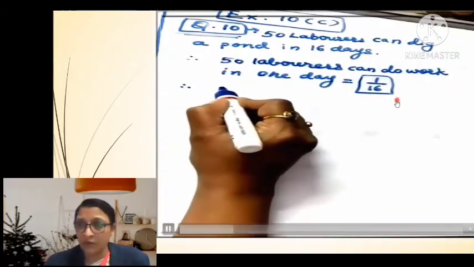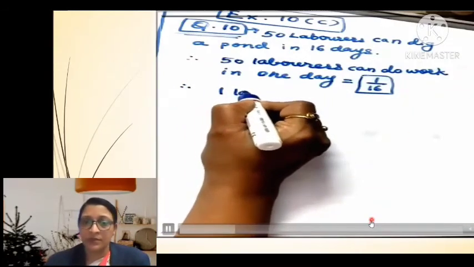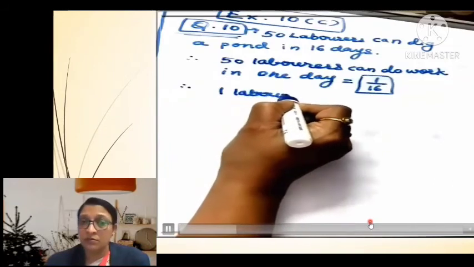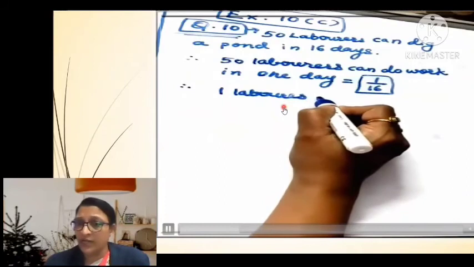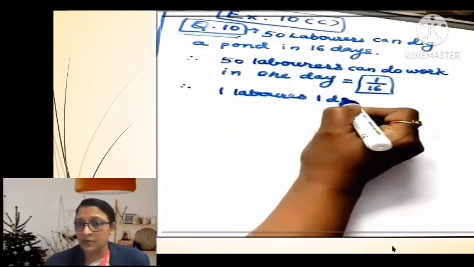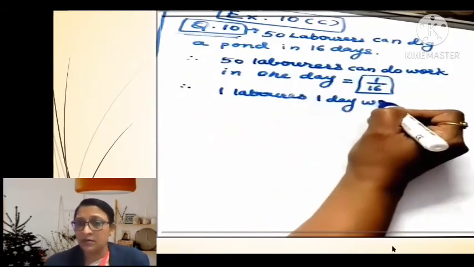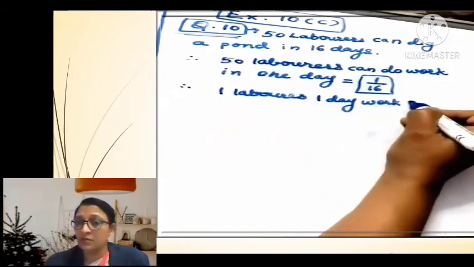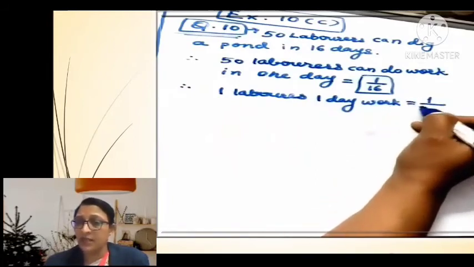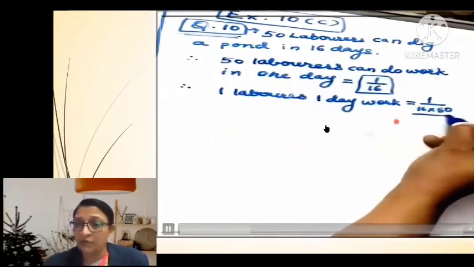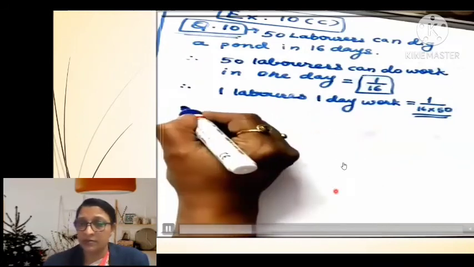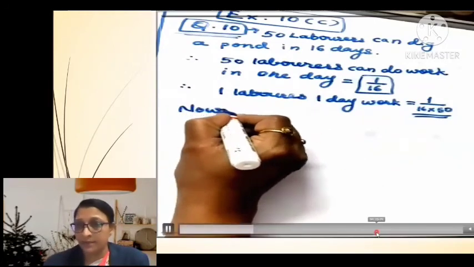Remember, this is the amount of work. So, from the 50 laborers' work, we will find out 1 laborer's work. So, 1 laborer's work for 1 day is equal to 1 upon 16 multiplied by 50. This is the amount of work for 1 laborer in 1 day.